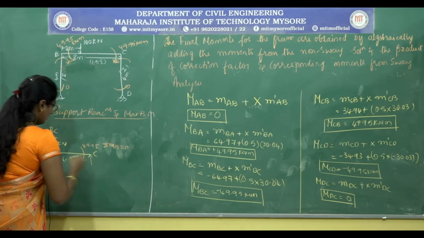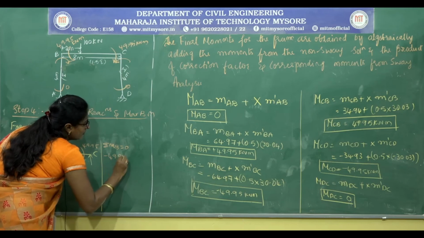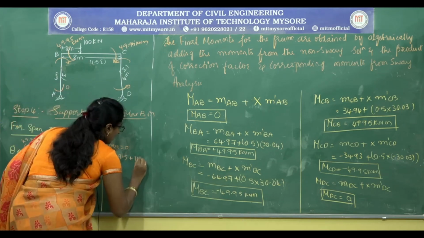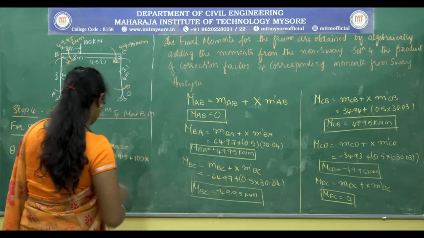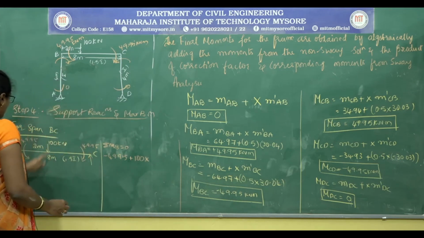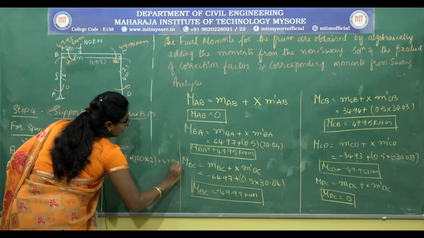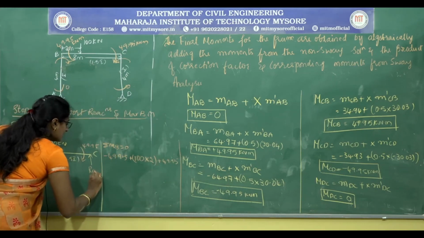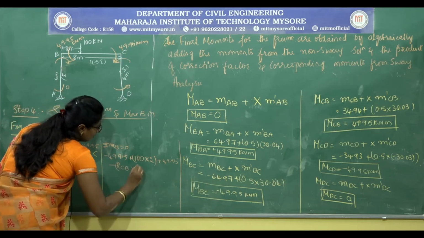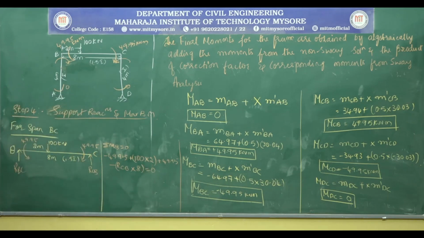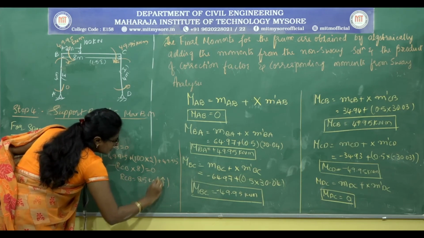Therefore, minus 49.95 minus 100 into 2 plus 49.95 minus RCB into 5 is equal to 0. So, RCB equals 25 kilonewton and it is acting upwards.